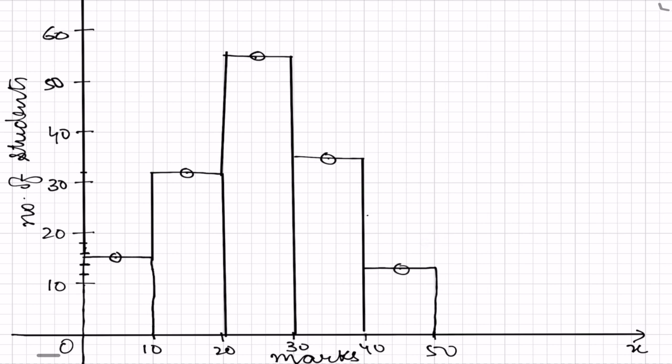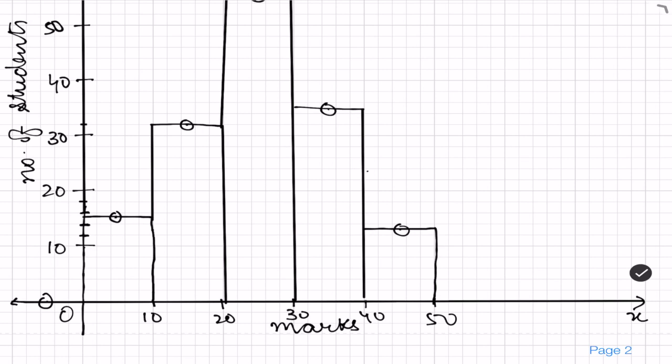Okay. And you have to join these points with the help of a scale. And one thing, frequency polygons start from the x-axis and end also on the x-axis. So here now see, our bar has already started from the origin. So from where we have to start, we will move to one bar before this origin, which you can say is the negative side.